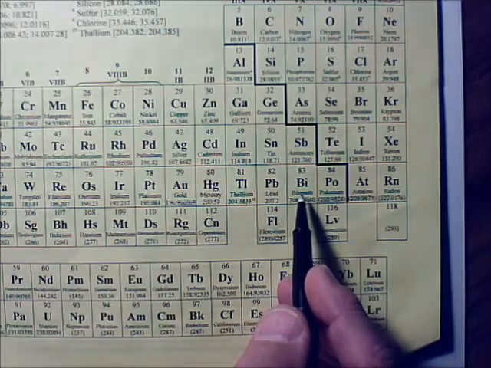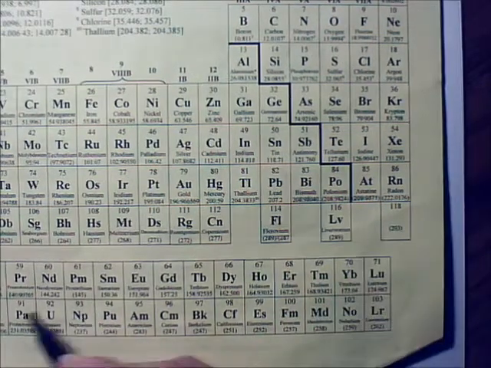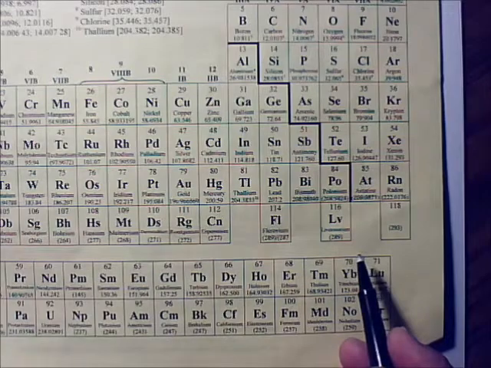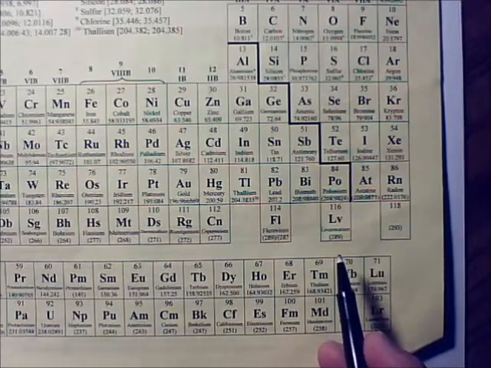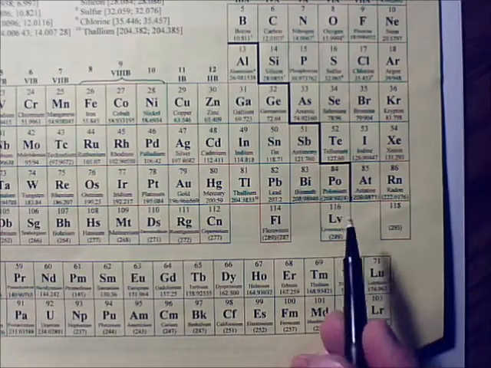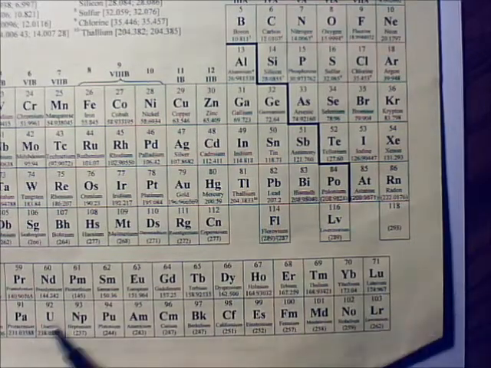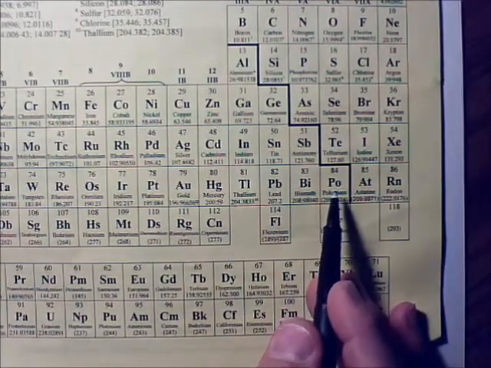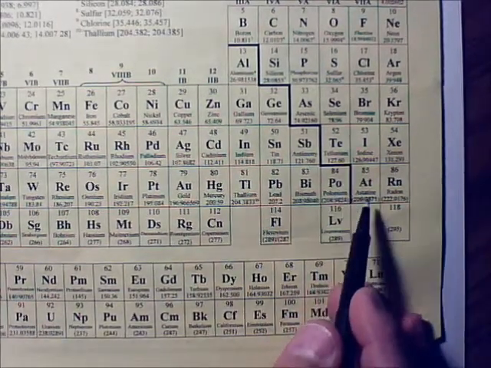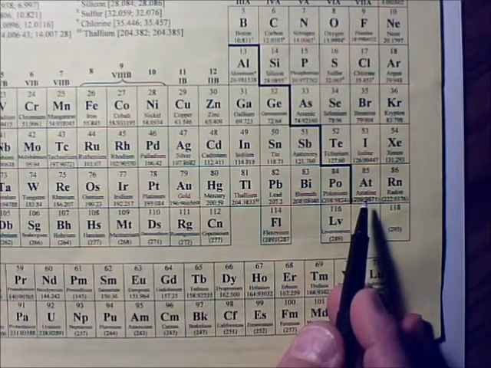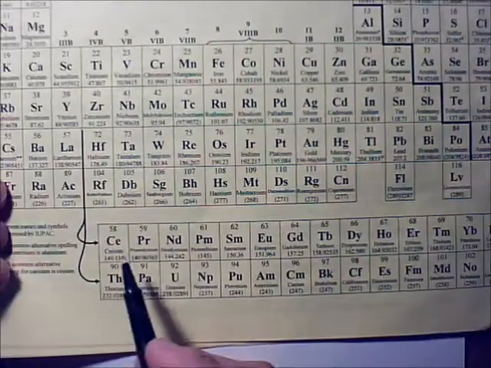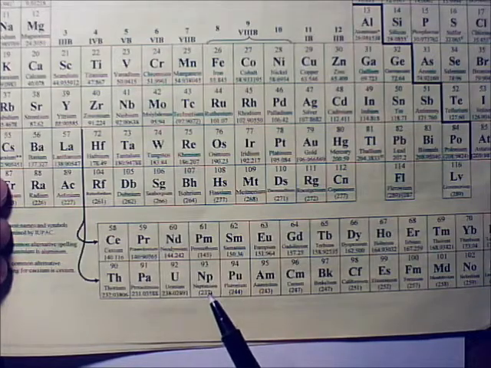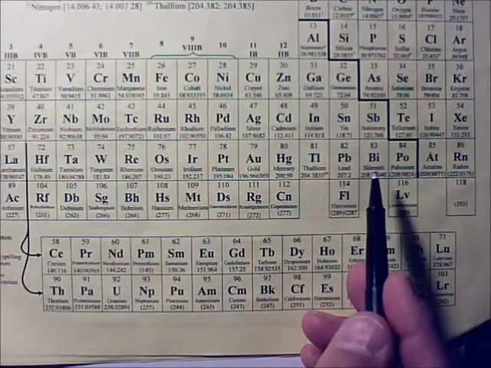Beyond bismuth, there are no stable isotopes of any of those other elements. So polonium has no stable isotopes. Astatine has no stable isotopes, and so forth. So, 83 is bismuth.